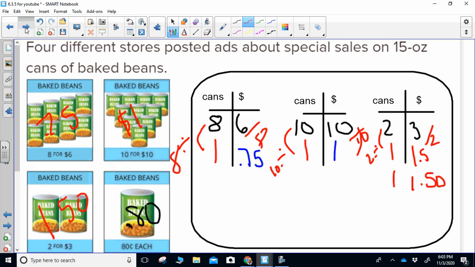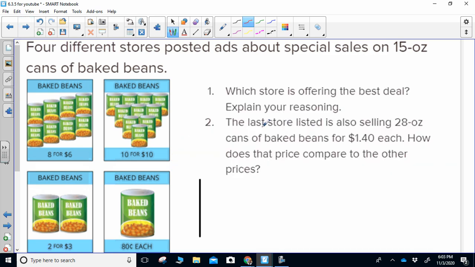All right. And then it says that the last store listed also is selling a 28-ounce can of beans for $1.40. Well, these were for 15-ounce cans. So we're going to make another ratio table. In my ratio table, I'm going to have ounces and I'm going to have money. I am going to have a 28-ounce can for $1.40.